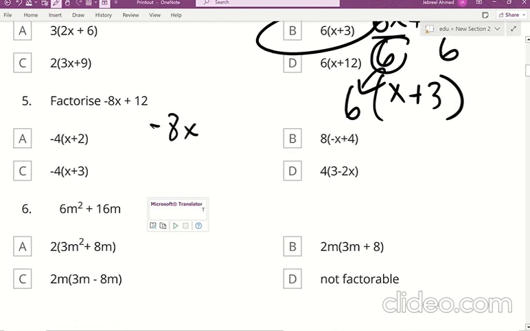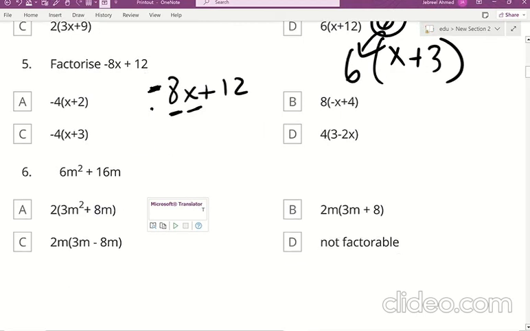Negative 8x plus 12. So anytime I'm factorizing and there's a negative before the variable and the coefficient, so before the letter and the number, we want to try to take this negative out, right? So we're going to divide by, let's see, what's the biggest number?